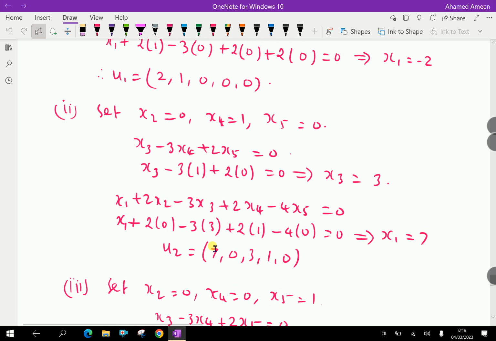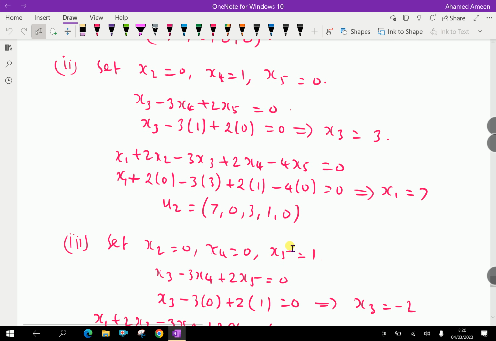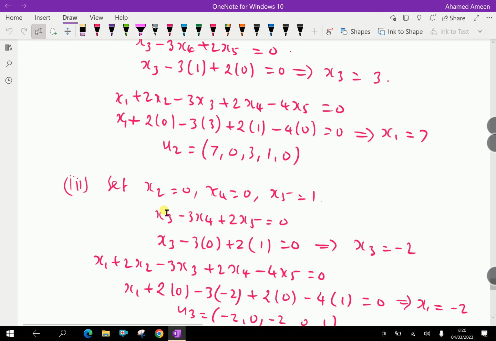Now the same procedure: set x2 equal to 0, x4 is 0 and x5 is 1. Then substitute these values in x3 minus 3x4 plus 2x5 equals 0: x3 minus 3 into 0 plus 2 into 1 gives x3 is minus 2.